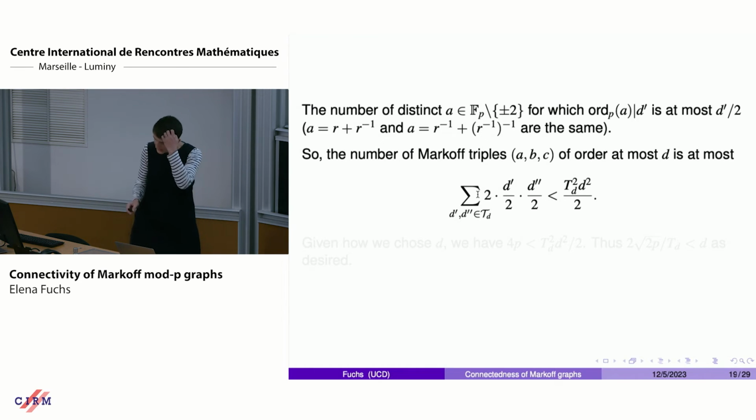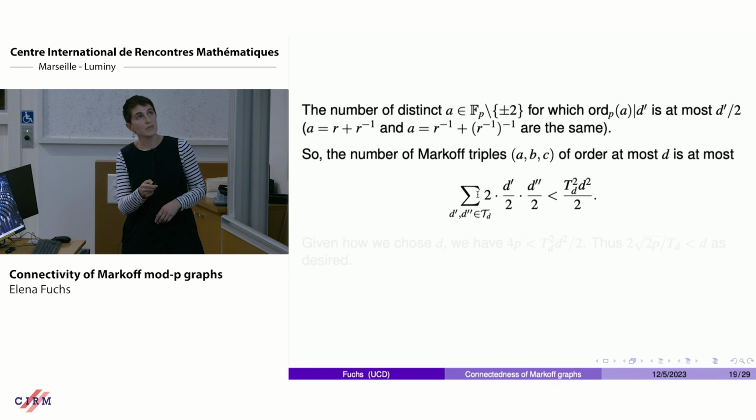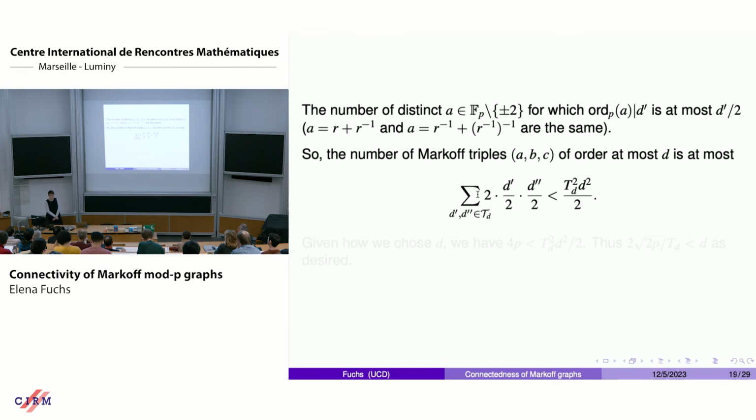So I have D prime over 2 choices for A, D prime over 2 choices for B, for 2 divisors less than D of P plus or minus 1. And then once I choose my A and B, there's at most 2 solutions for C, because I get a quadratic equation.